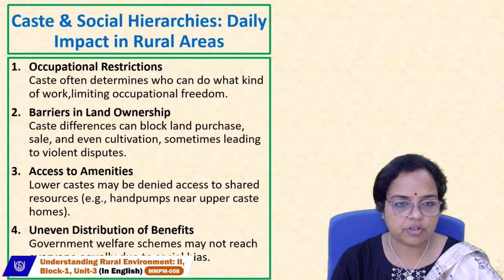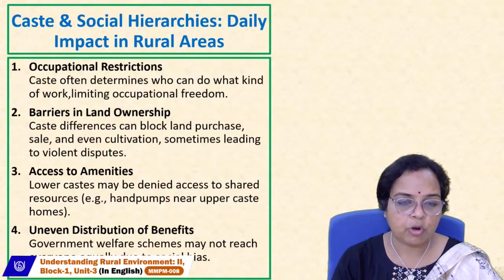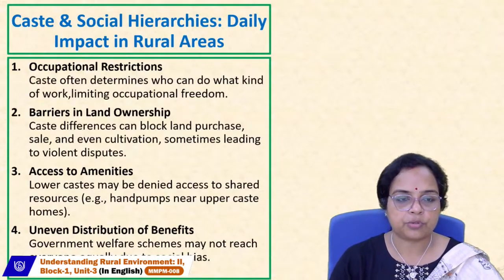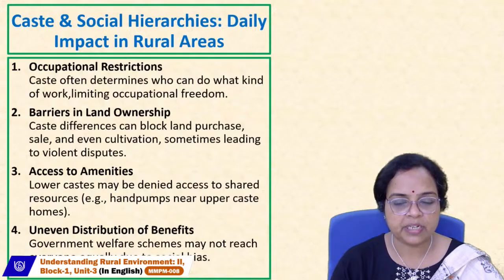Occupational restriction. Caste often determines who can do what kind of work, limiting occupational freedom. Caste usually restricts people: you cannot do this because your caste is not permitting. You cannot go for a higher value job because your caste is not permitting. So people have limitation on their occupational freedom.